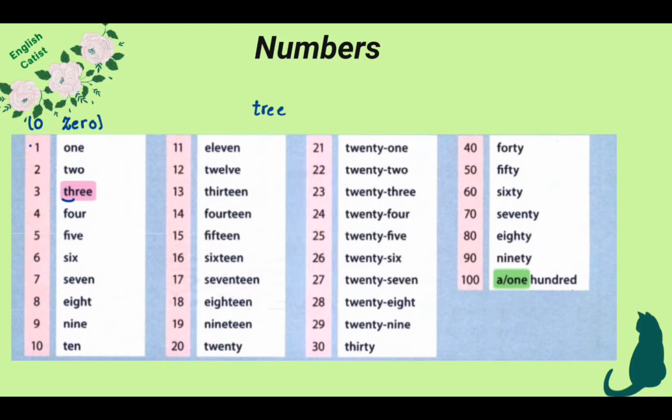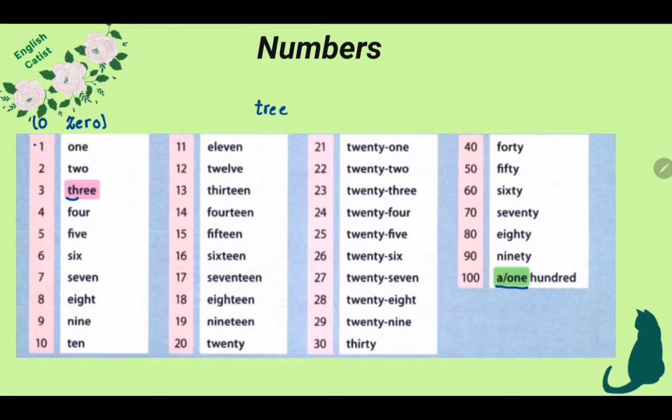And after that we know that it continues like 31, 32 till 40, 50, 60, 70, 80, 90 and 100.